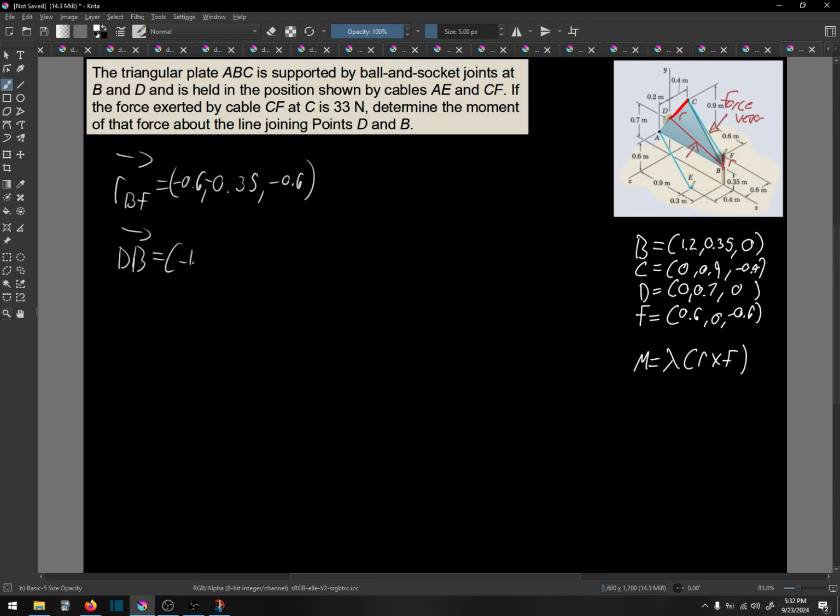It's going to be negative 1.2, negative 0.35, and 0. And we're given the force exerted at cable CF. So the force at CF equals FCF lambda CF.